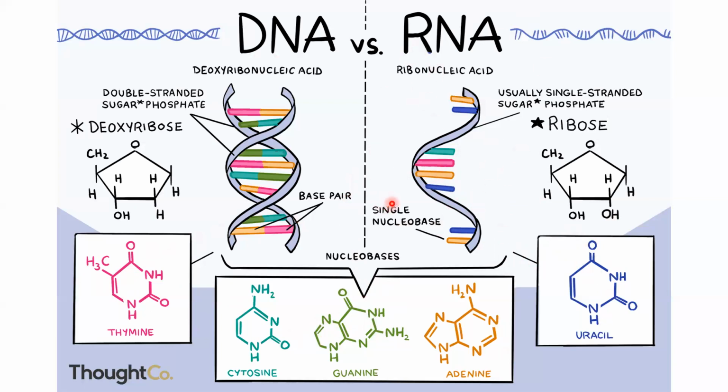The color coding isn't quite right here. So if this is one base, then the smaller bases are the single ring ones, uracil or cytosine, and the larger bases are guanine and adenine, larger in length because of the double ring.